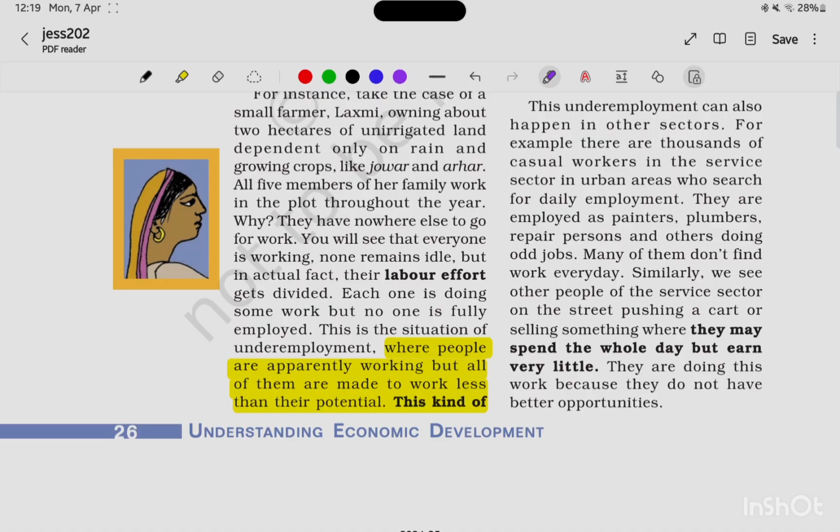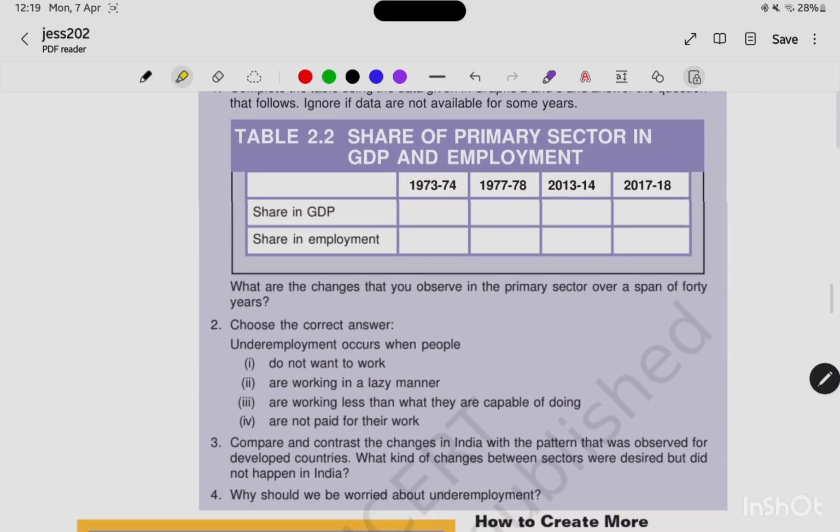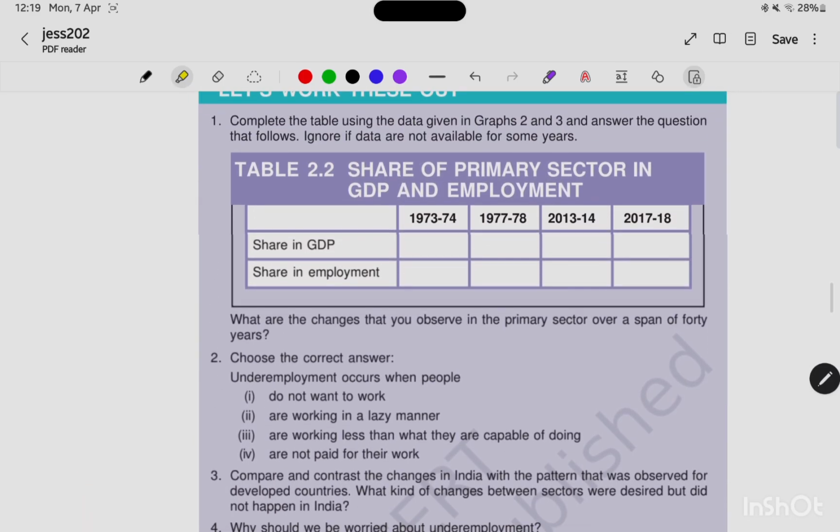Similarly, we see other people of the service sector on the street pushing a cart or selling something where they may have spent the whole day but earned very little. Now they are doing this work because they do not have better opportunities than these.